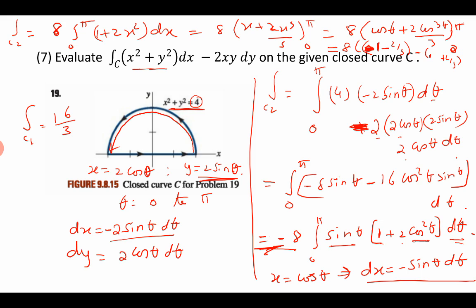Simplify all these things, you will get minus 80 over 3. This is pi, minus 1 minus 2 by 3, okay, minus 1 plus 2 over 3.